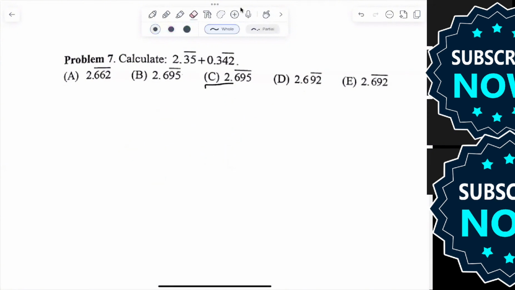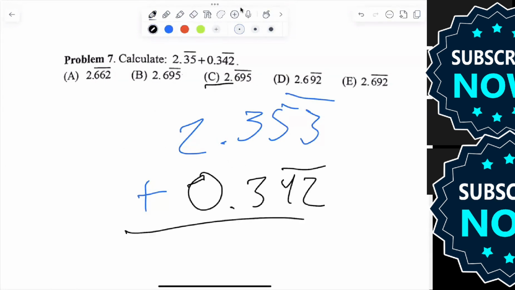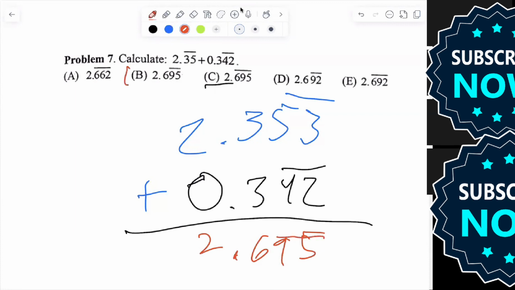Instead of 2.35 repeating, which is kind of confusing, we write 2.353 repeating plus 0.342 repeating. I'm going to add that up. This gives us 2.695, and remember, 95 is repeating. Only 95. So the answer is B.